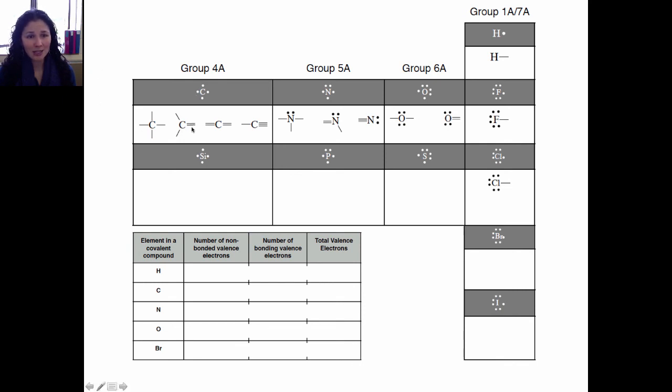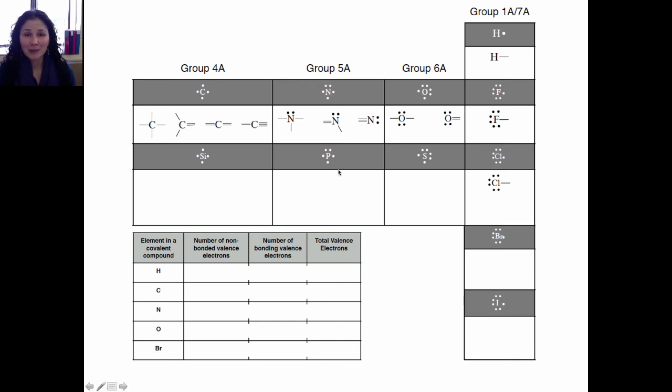These are the common bonding schemes of carbon, or the different ways that carbon can make 4 bonds. Silicon also has 4 electrons. It has the same Lewis dot symbol, except it's silicon instead of carbon. And it will also have the same bonding schemes as carbon. So in this box, you should write the same bonding schemes that you see for carbon. Basically, any combination of single, double, and triple bonds that will give silicon 4 bonds is okay.